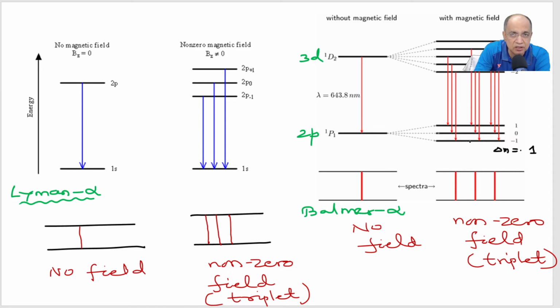Change is always considered as the destination minus the initial, the final state minus the initial state. So minus 1 minus 0 is minus 1.